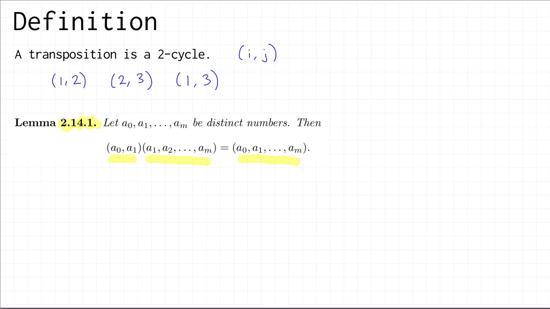This is an equality of two functions. If you want to show that two functions are the same, well, for sure these things have the same domain and codomain. The domain and the codomain are both equal just to the set {1, 2, 3, 4, 5 up to n}, where n is whatever symmetric group we're thinking about. So what we have to do then is simply to show that they have the same value for every possible input.